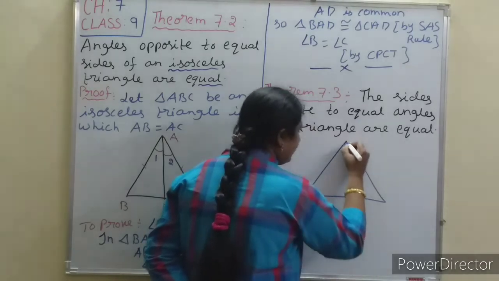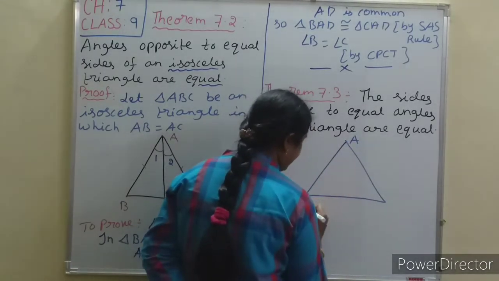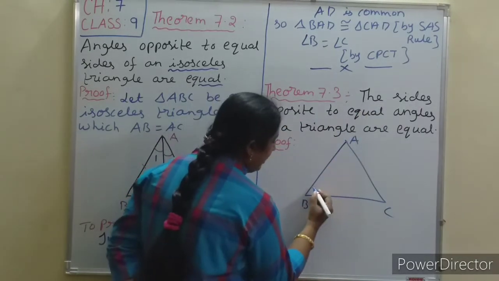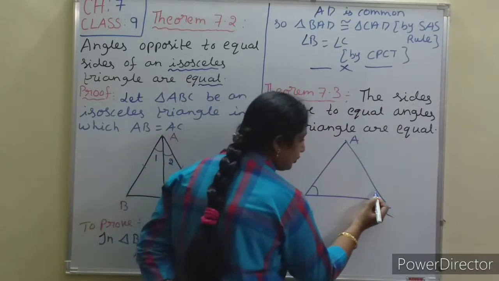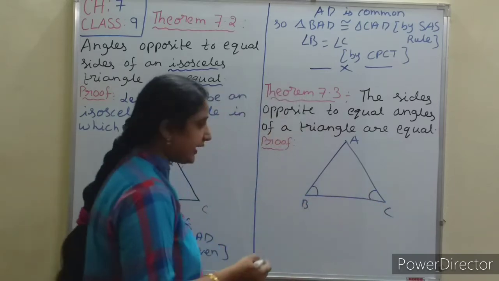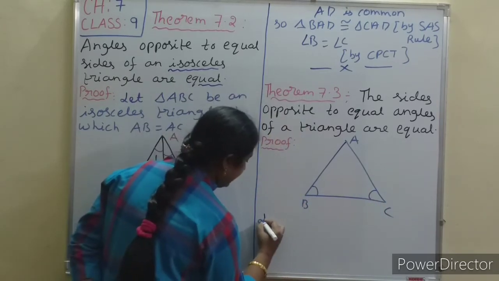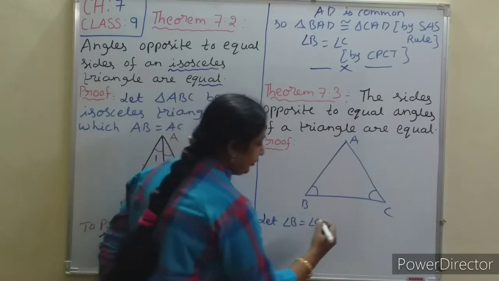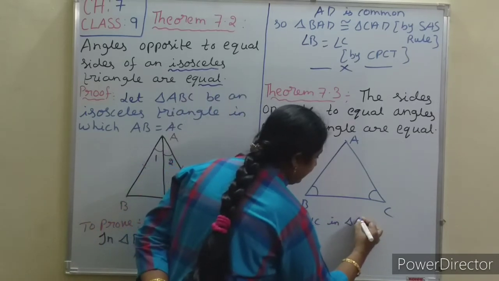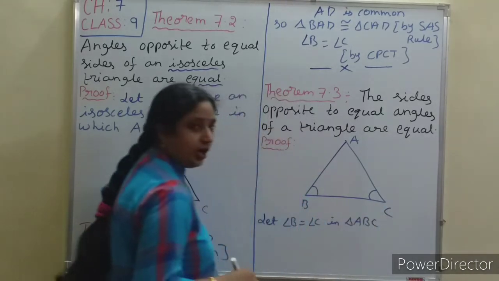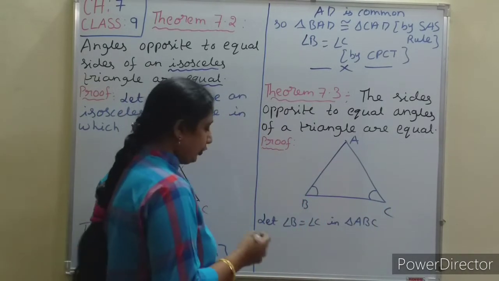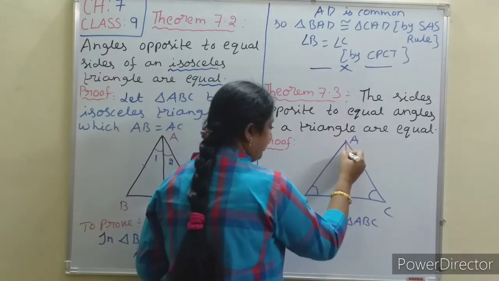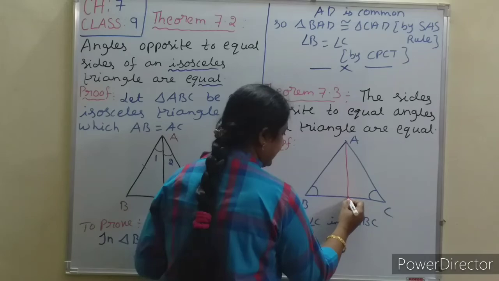Here the sides opposite to equal angles, and we are taking these two angles equal. Let angle B equals angle C in triangle ABC. Okay children, same thing, you draw the bisector of angle A to side BC at point D.